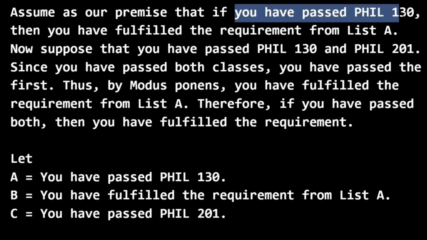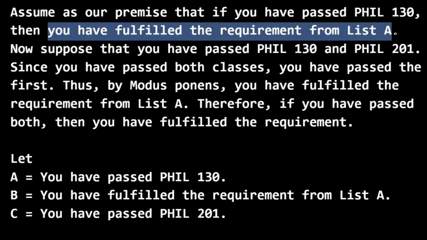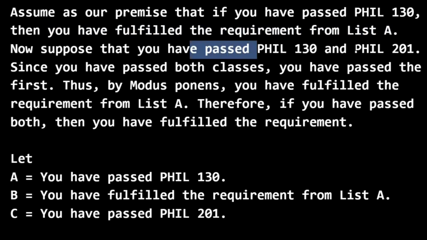You have passed philosophy 130, that's A. You have fulfilled the requirement from list A, that's B. And you have passed philosophy 201, that's C.